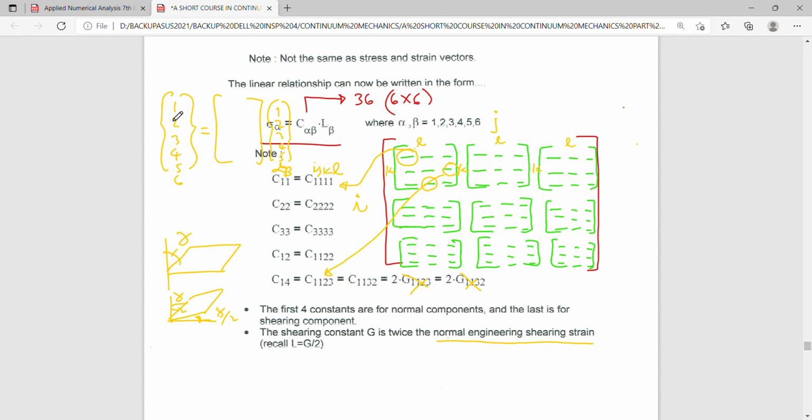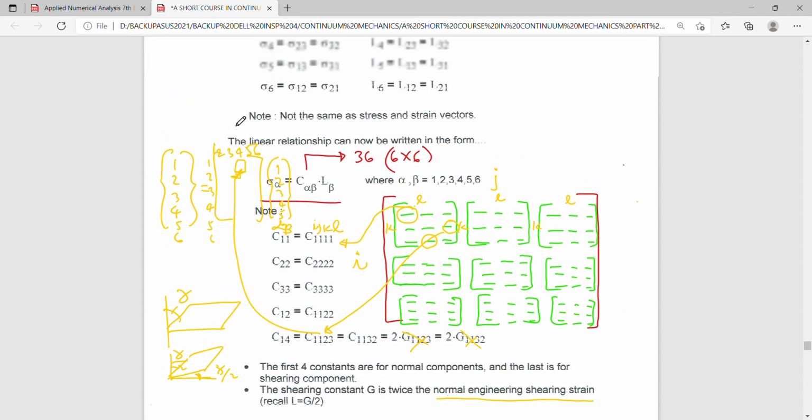Okay? So, C14. Saan dito yung C14? Kung ito yung 1, 2, 3, 4, 5, 6. Ito yung 1, 2, 3, 4, 5, 6. Saan siya nakabilang dito? So, C14 is 1, 4. Dito siya nakatama. So, itong C1123, tamang-tama siya dito niyan. Gets? So, doon siya ipapasok.